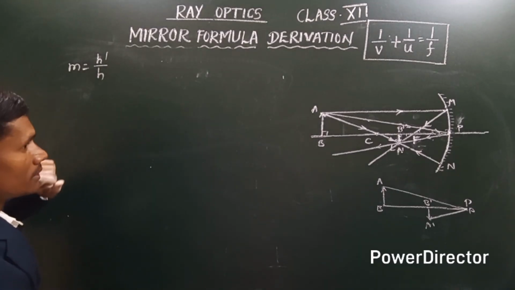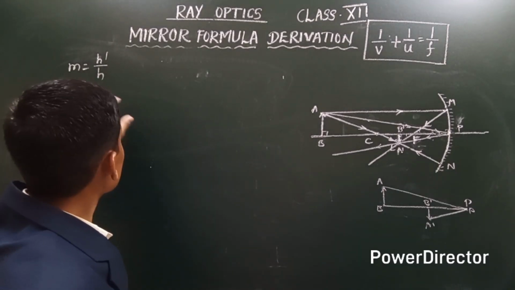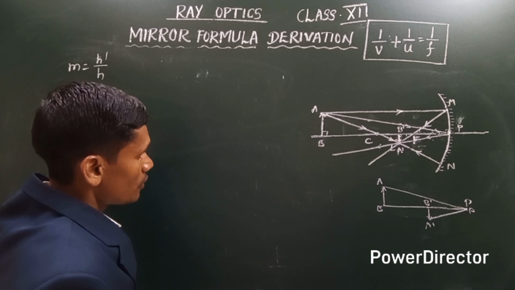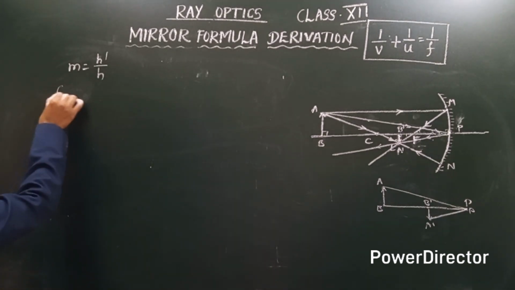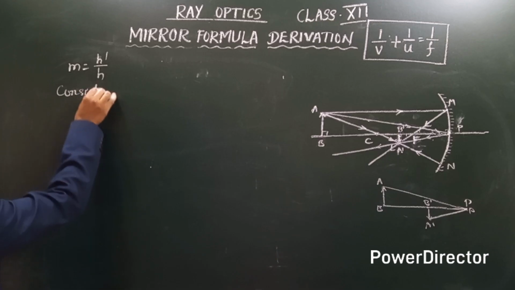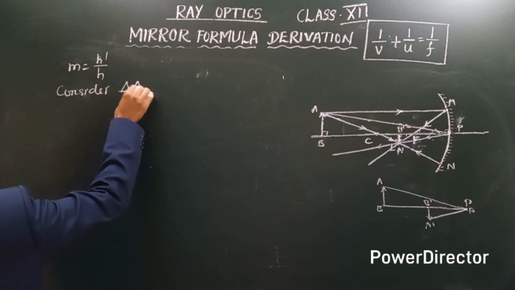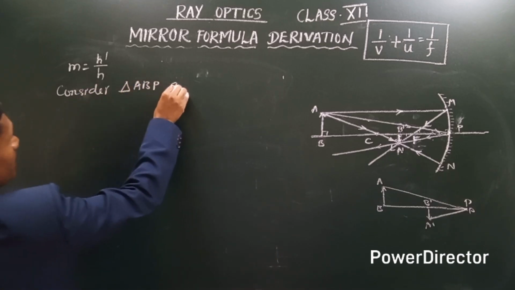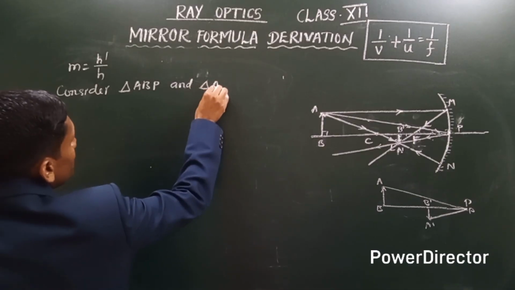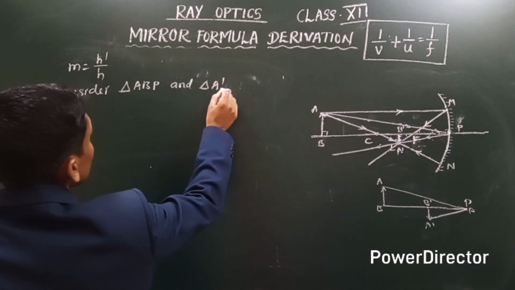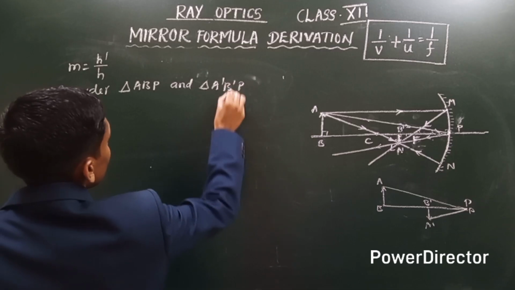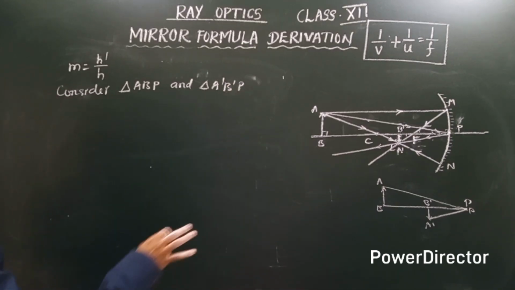Then how do we relate them here? To relate the heights of the image and object, you have to consider triangle ABP and triangle A dash B dash P, right? You consider these two.